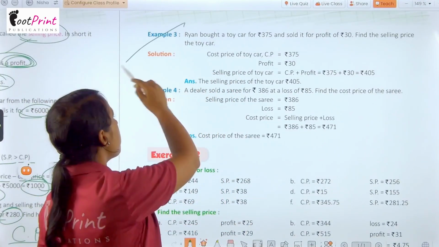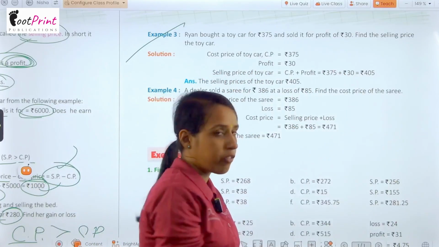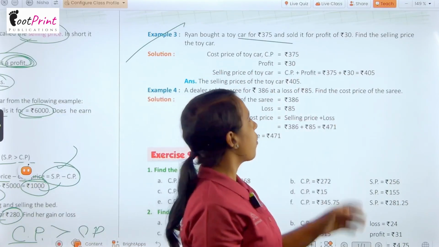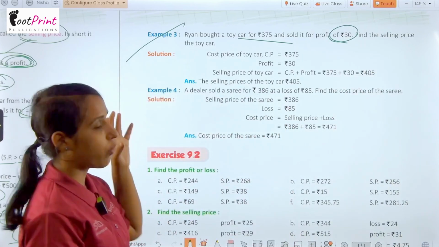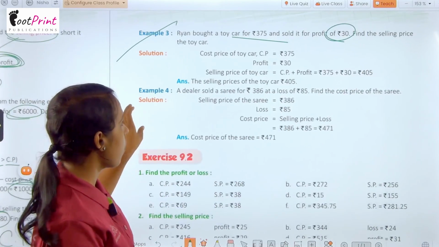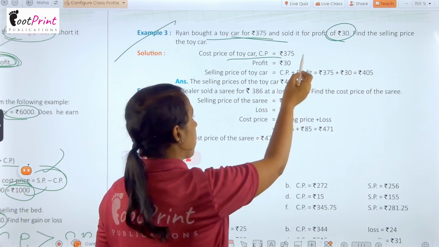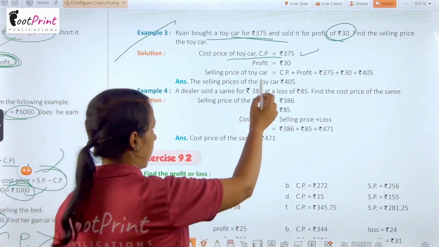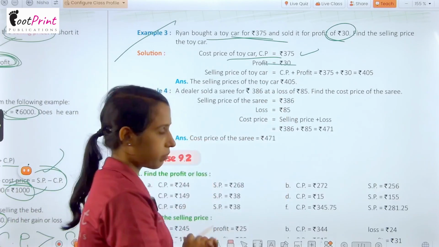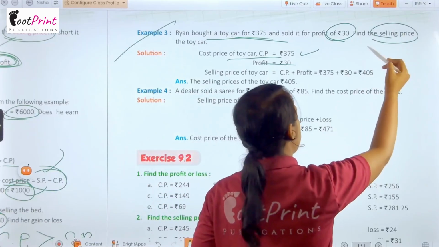Example number 3. Ryan bought a toy car for 375 rupees and sold it for profit of 30 rupees. And we have to find out the selling price of the toy car. As we know here, cost price is given, that is CP, 375 rupees, and the profit is given 30 rupees. And we have to find out the selling price, that is SP.